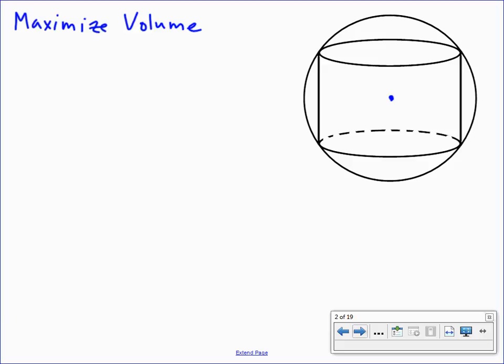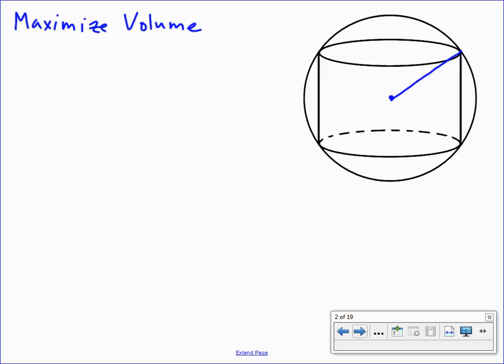Yes? And I know that the sphere is of fixed size, and so it's always a radius of 10. If I can connect this center to the edge of the right circular cylinder where it touches the edge of the sphere, that's the inscribed portion. I know that that's set.